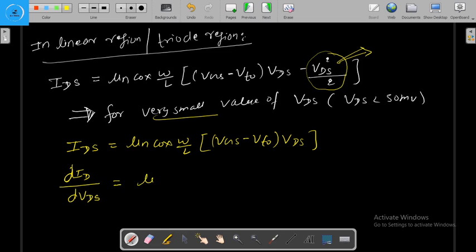So we will find μn Cox W by L and this (VGS minus VT).